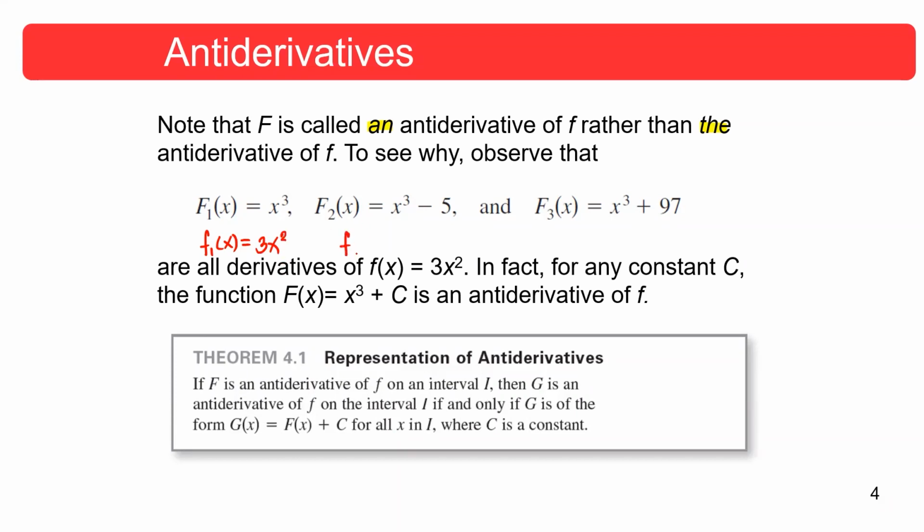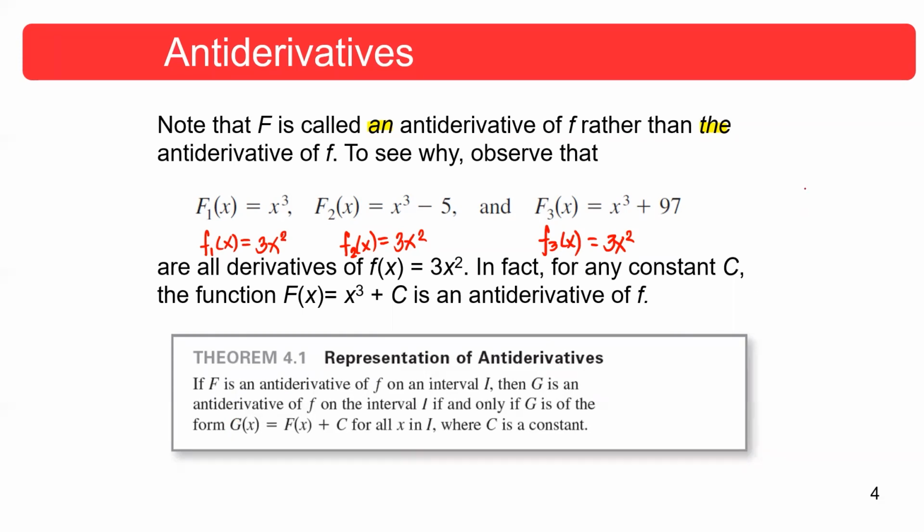If I ask you for the derivative of the capital F, again, the capital F is the function, the small f is the derivative. This one would also give us 3x squared. And then lastly, for F3, the derivative of x cubed plus 97 is also 3x squared.